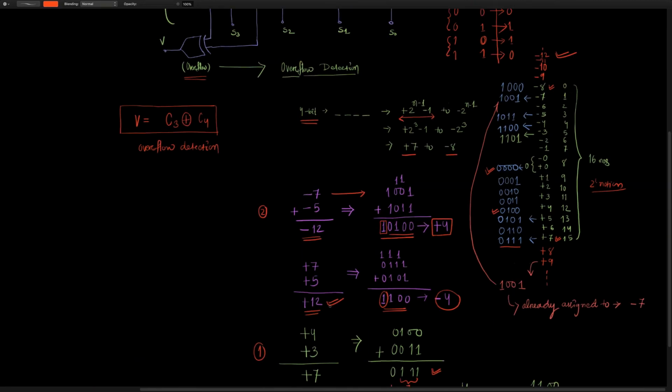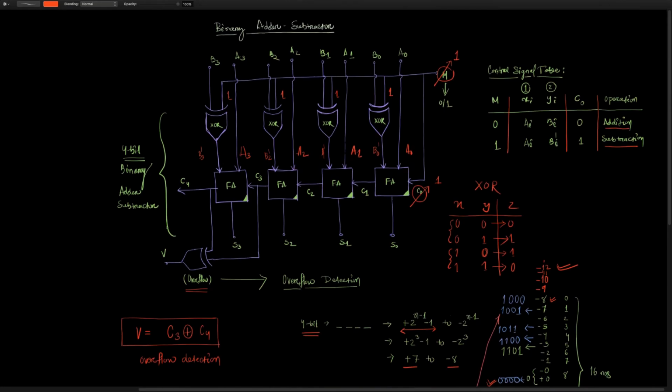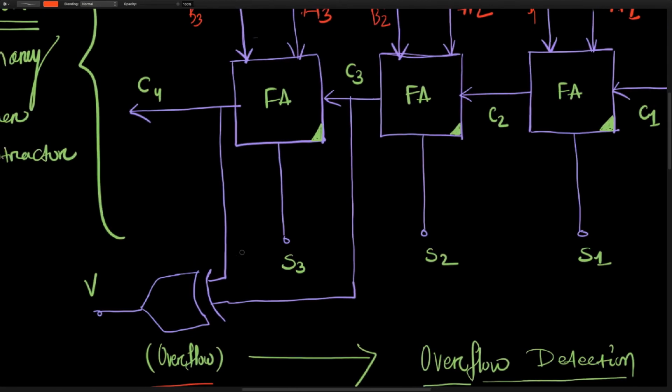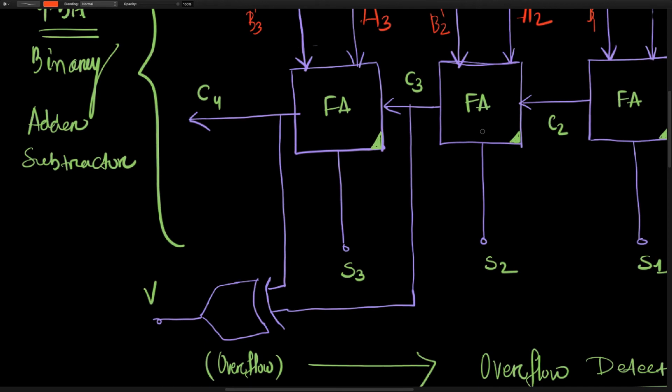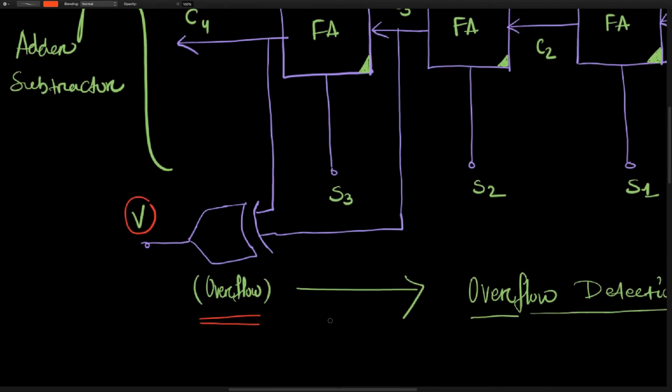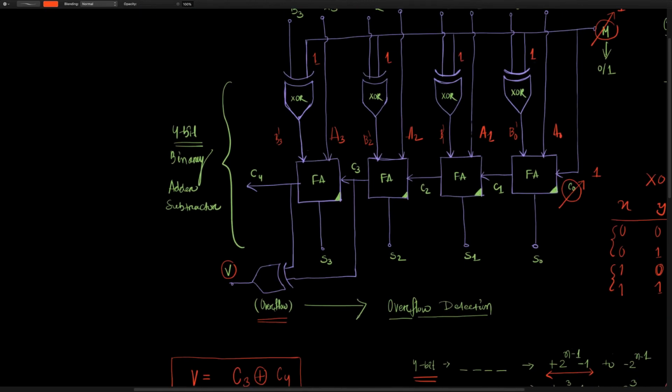To resolve that, we take the carry into the final full adder and the carry out of the final full adder, and we XOR them, and we get V as an output signal, and that tells us that there is an overflow, and we don't consider the answer to be right.